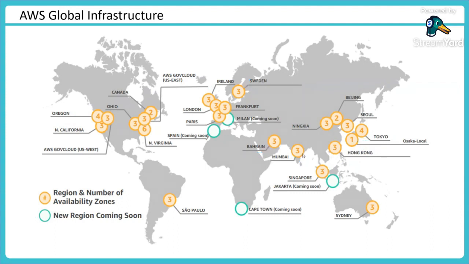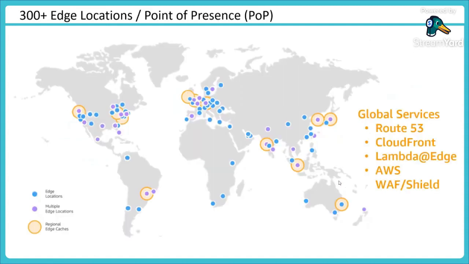Now, we don't stop there. These are the hubs where a lot of traffic would be coming in. But we also want to deliver better performance to customers, and for that, we have another option, which is called edge locations. Let me give a very basic example.